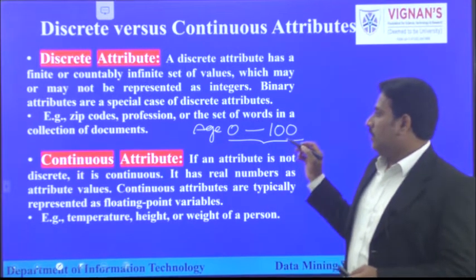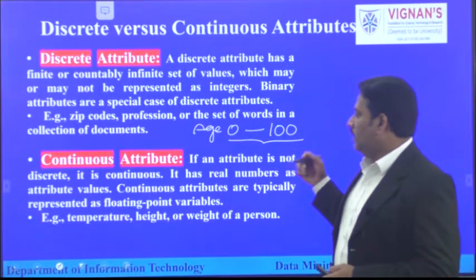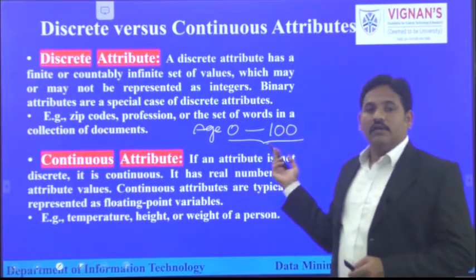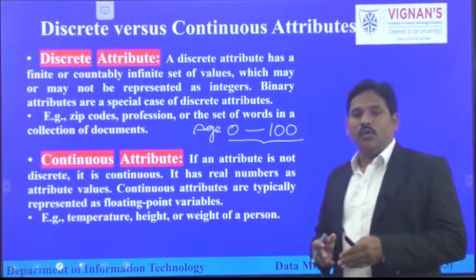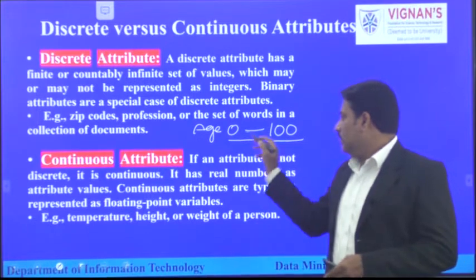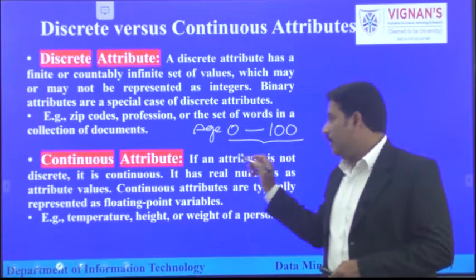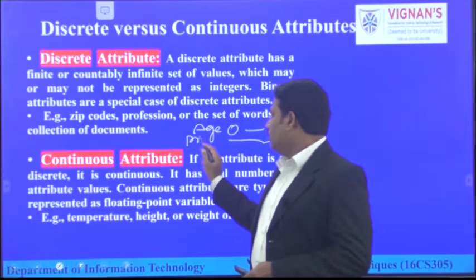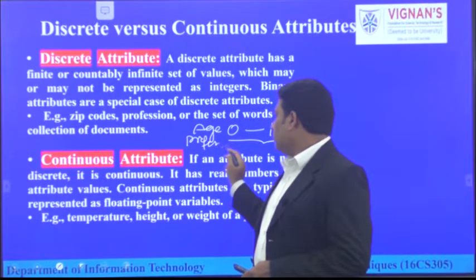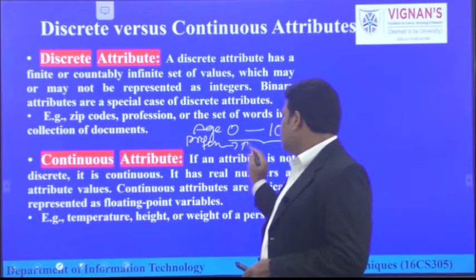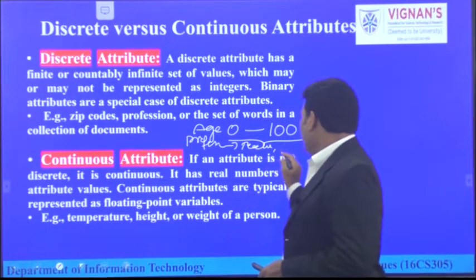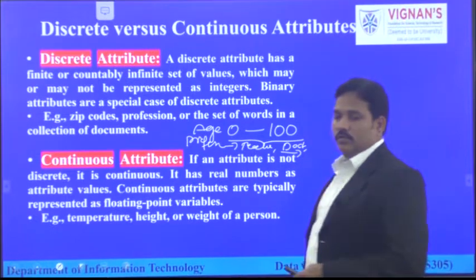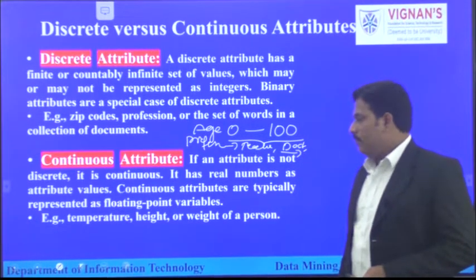So other than numeric, other than integer, it may or may not be an integer, but there is a countability of the value. Like age, we can have a countable value. For zip code, you will have a countable value. For profession, we will have values like maybe teacher, doctor, lawyer, scientist. Like that, you will have a fixed number of professions.